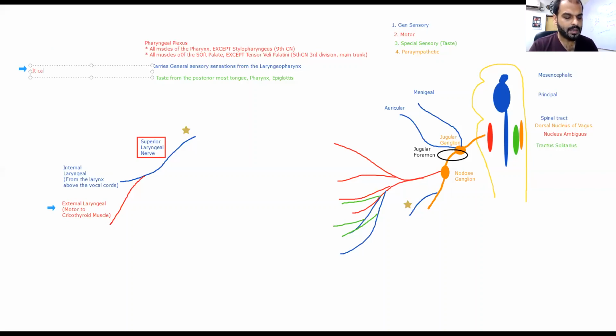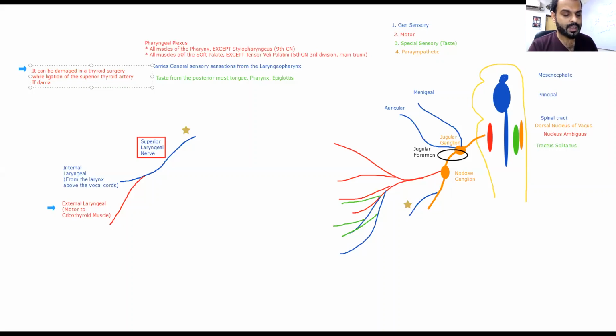It can be damaged in a thyroid surgery, while ligation of what? Tell me. While ligation of the superior thyroid artery. Very good. Superior thyroid artery. And if this nerve is damaged, what will happen?